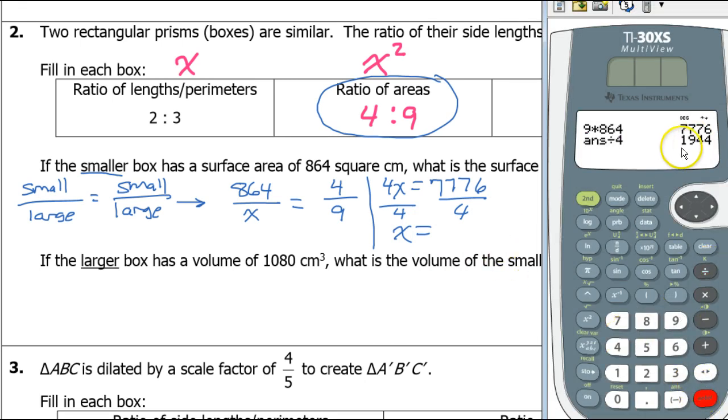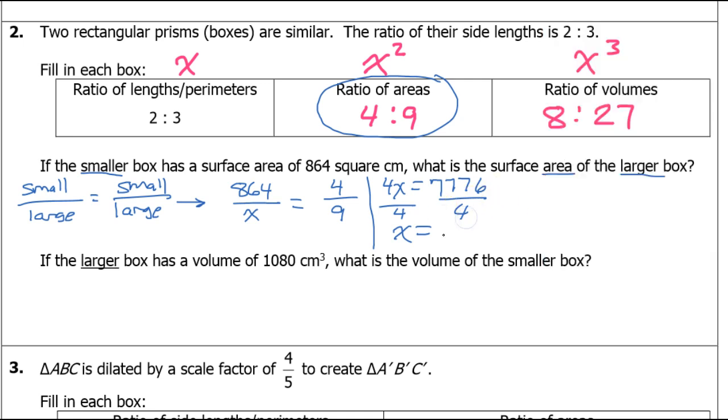And that turns out to be 1,944. Okay, and these are square centimeters, which you can just write like that. So that is the answer for number 2, part B.